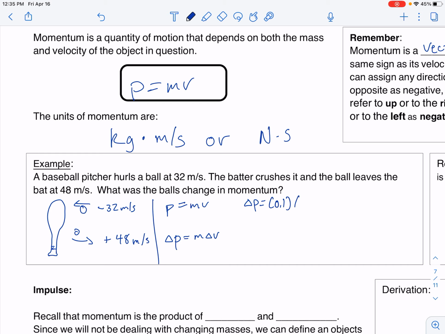And then our change in velocity, we're going to start with our final. So 48 minus negative 32. And we end up with our change in momentum is 8 kilograms per meter per second.